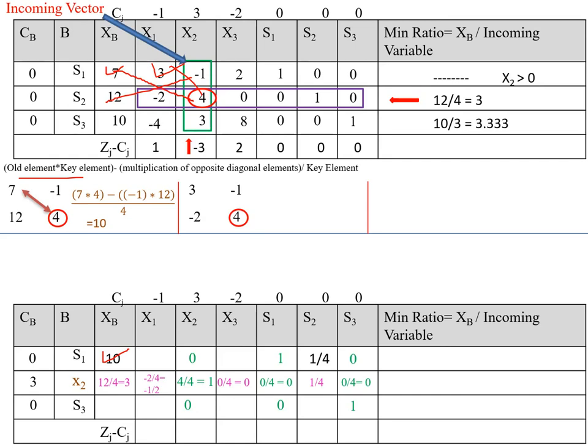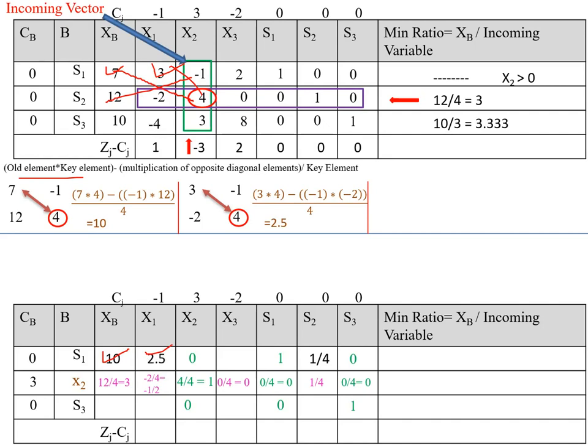Old element, that is 3, into key element, that is 4, 3 into 4 minus of minus 1 into minus 2, divided by the key element. So 3 into 4 minus of minus 1 into minus 2 becomes 12 minus 2, which is 10, 10 divided by 4 is 2.5. So enter the 2.5 value here.